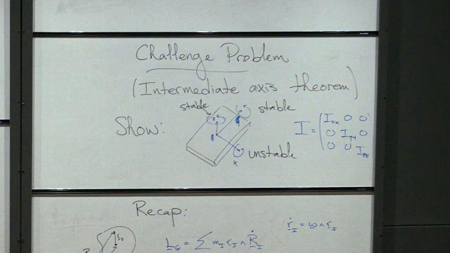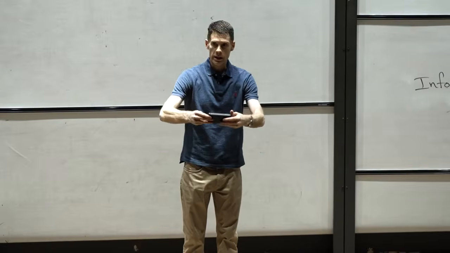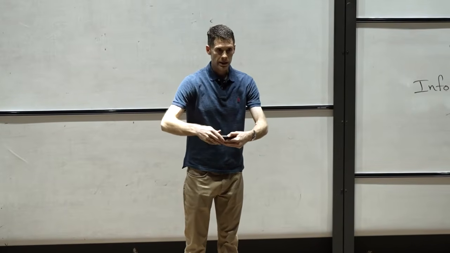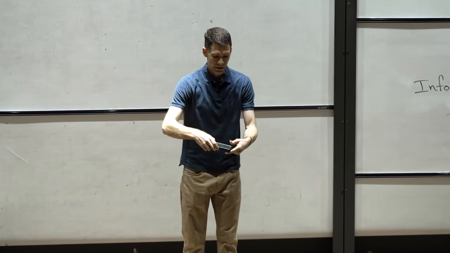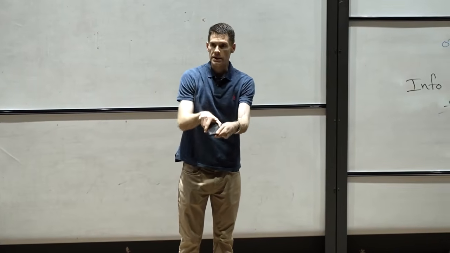I'm not going to do this experiment here, although I have a reasonably good phone protector. Try this on a sofa. Set your phone spinning. If you spin it this way, it reasonably stays spinning on that axis. If you spin it this way, it's a bit hard to do like a helicopter, it reasonably stays spinning on that axis.